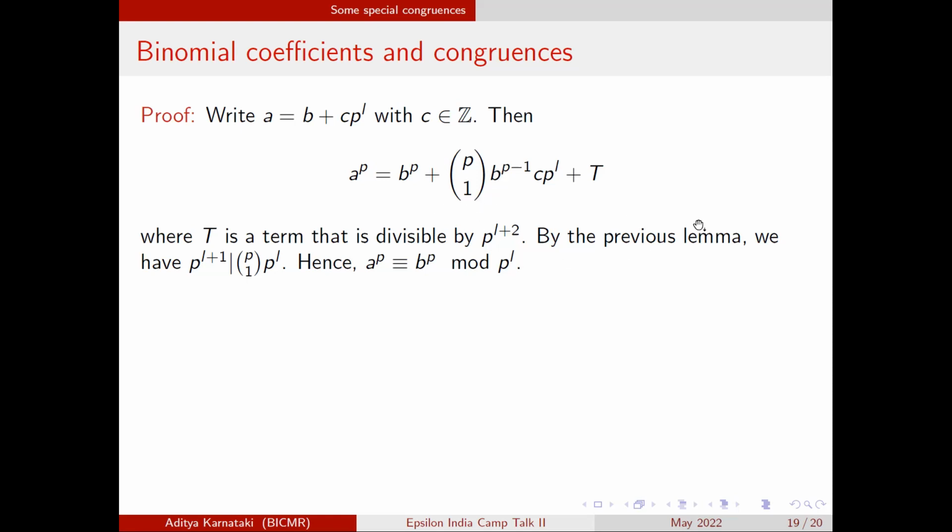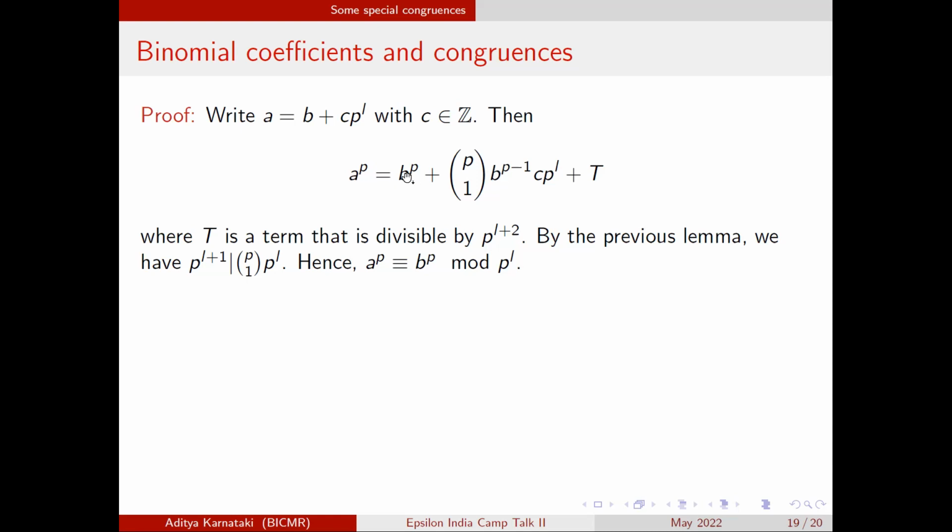And so by the previous lemma, there is a p in p choose 1. And there is already a p power L. And so you get a p power L plus 1. So this term is divisible by p power L plus 2, which is divisible by p power L plus 1. And this second term is also divisible by p power L plus 1.